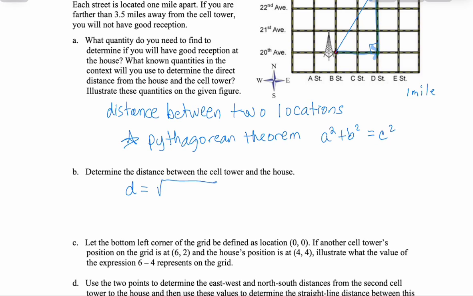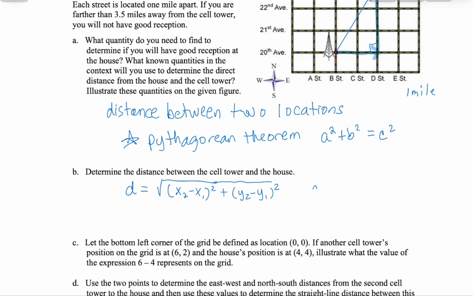Now, you're going to see that it's derived from the Pythagorean theorem, but if we know 2 points on any Cartesian plane, it's going to be x2 minus x1 squared plus y2 minus y1 squared. And we're going to take the square root of that.